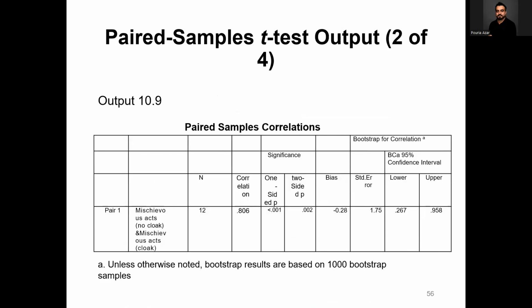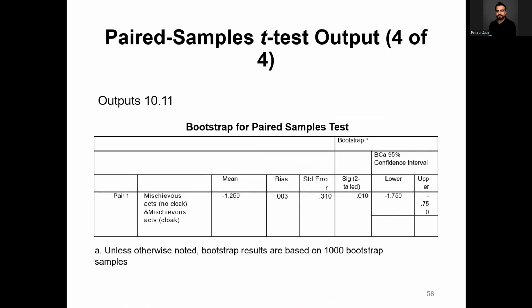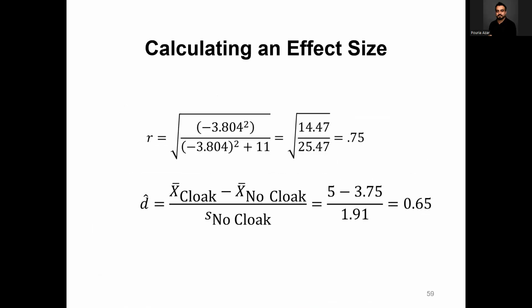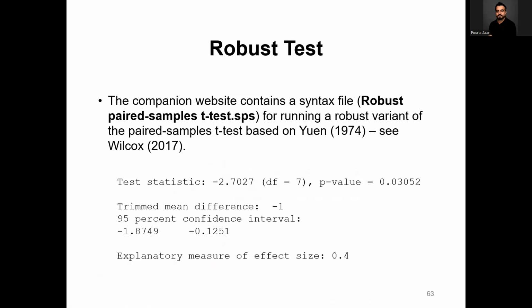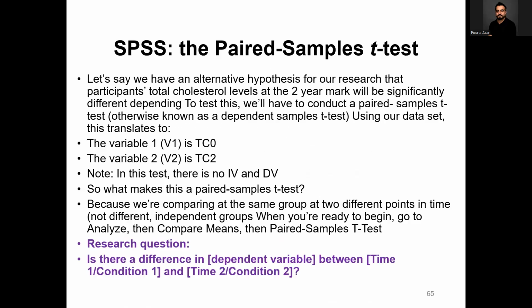I'm going to skip this because I'm going to show you how to do that. And this is the bootstrap. This is calculating effect size, but SPSS does that for us. And these are advanced statistics.